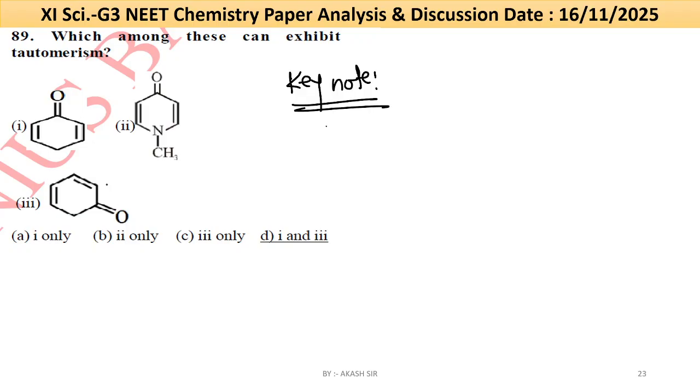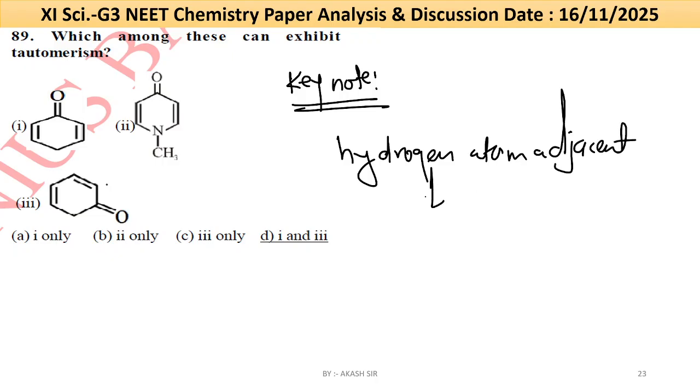Interconvert through the movement of a group of atoms. For a compound to exhibit tautomerism, it typically needs to have a hydrogen atom adjacent to the carbonyl group here.